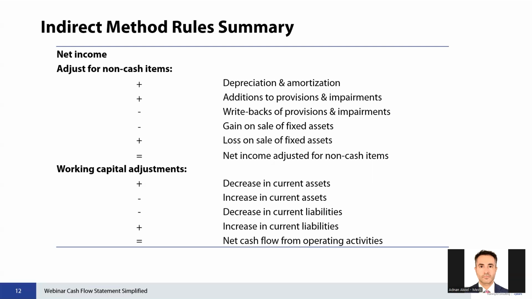The last step is to adjust for the working capital. The rules here are quite simple. If current assets, regardless of whatever is there, accounts receivable, inventory, prepaid expenses, have decreased, this is to be added back to cash. Vice versa, if they increase, that is a reduction in cash.